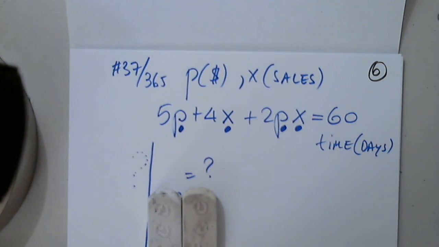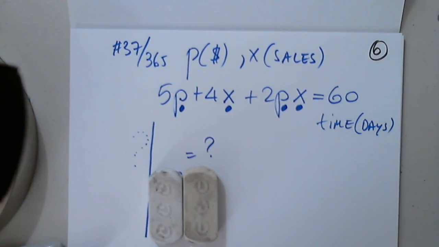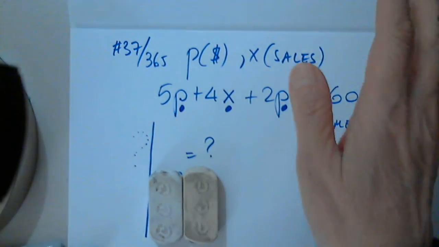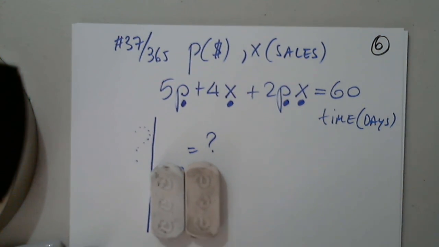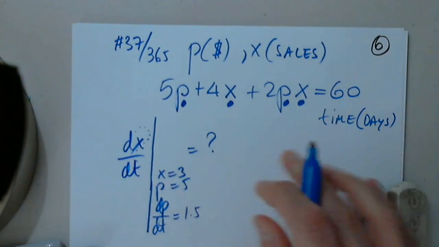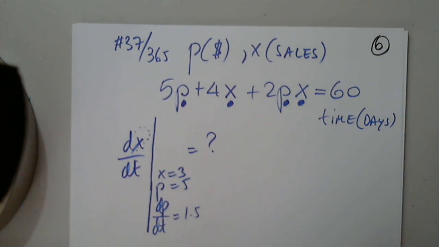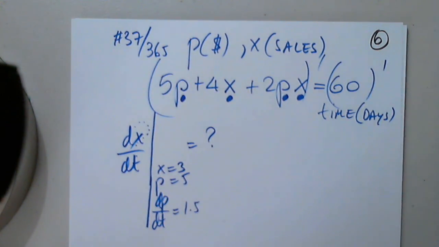I don't care at this point. What am I asked to find? Would it be dx over dt? Absolutely. Thank you so much. Thank you, Tyler. Okay, perfect. Good. So then we know what we have to do. So let's differentiate.